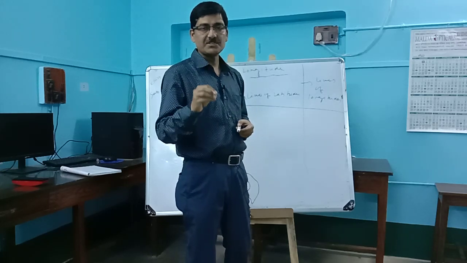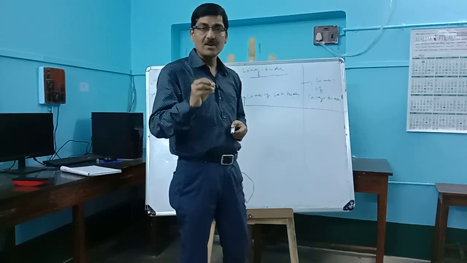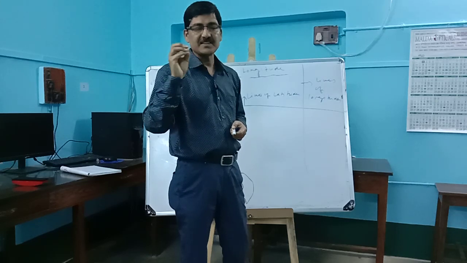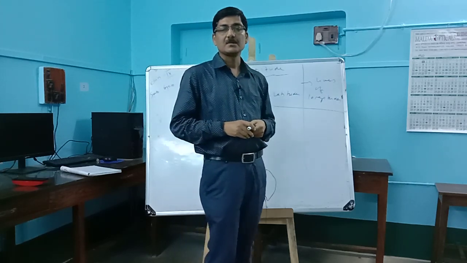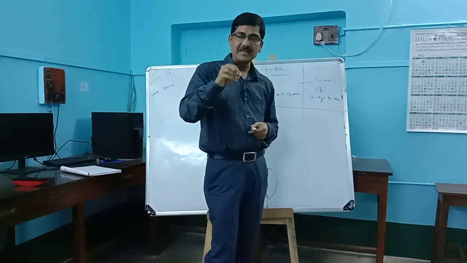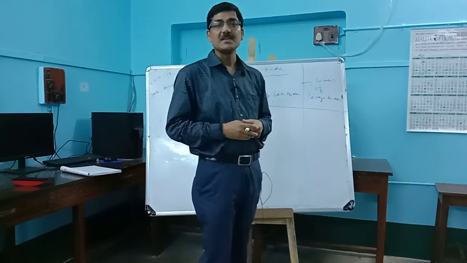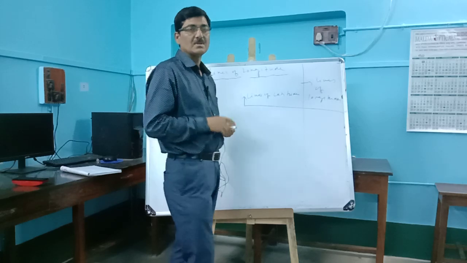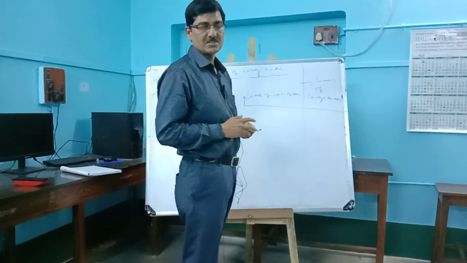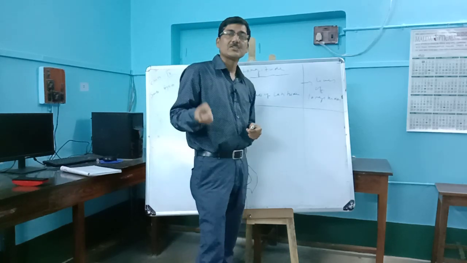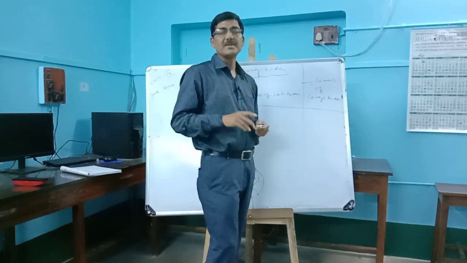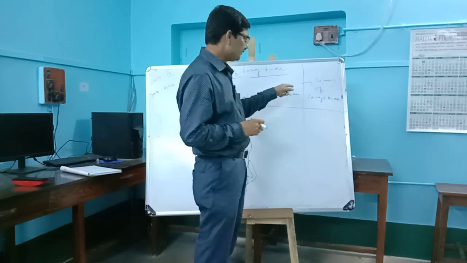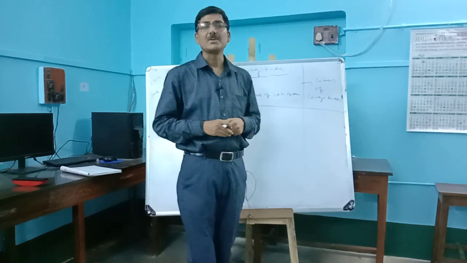The lines of longitude are the angular distance of a place east or west of the prime meridian. This is called the lines of longitudes.